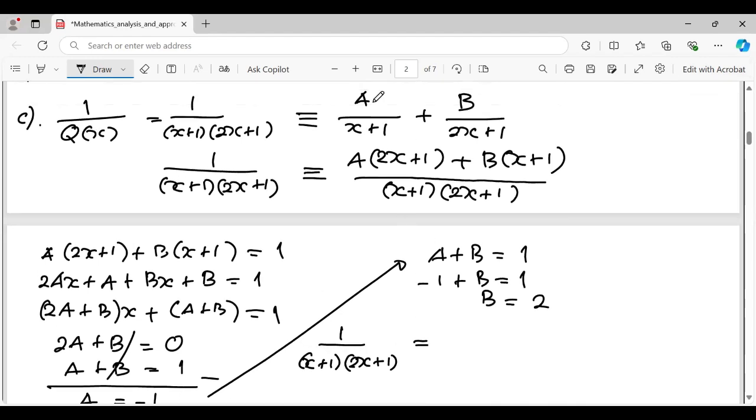Okay, A equals minus 1, so it will be minus 1 over x plus 1, and B equals 2, so plus 2 over 2x plus 1. This. Next.